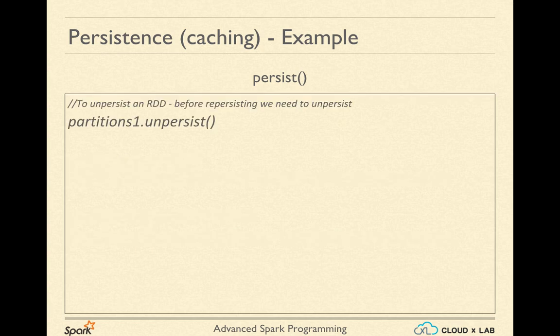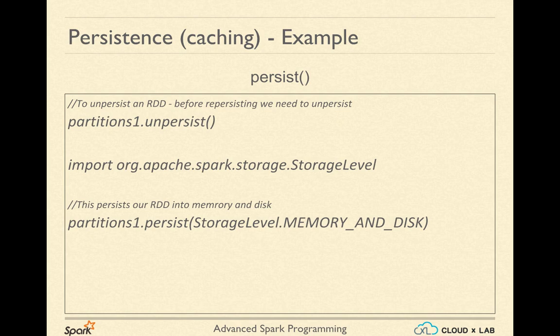Now, let's try to persist in memory and disk both. But before repersisting, we need to unpersist. For that, we can use a method unpersist. Now, let's import a class called StorageLevel. Then, call method persist with the StorageLevel MEMORY_AND_DISK.